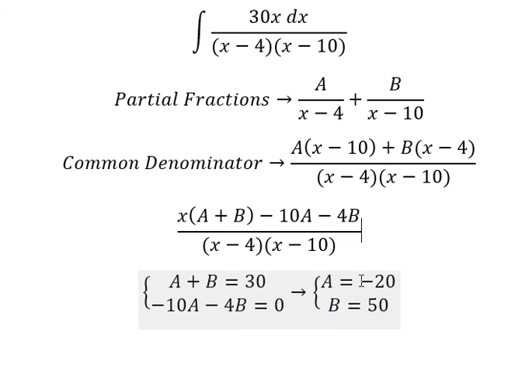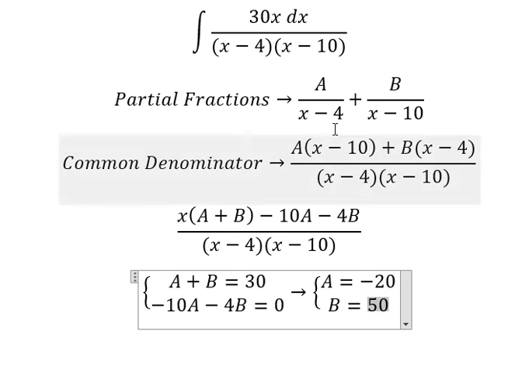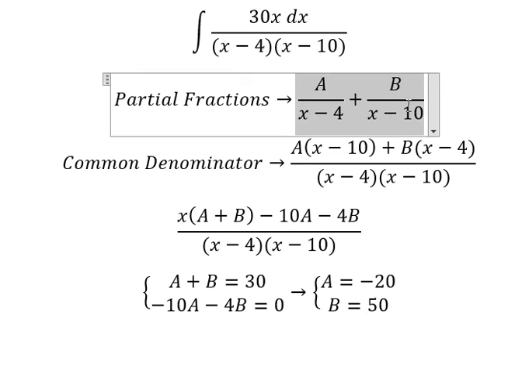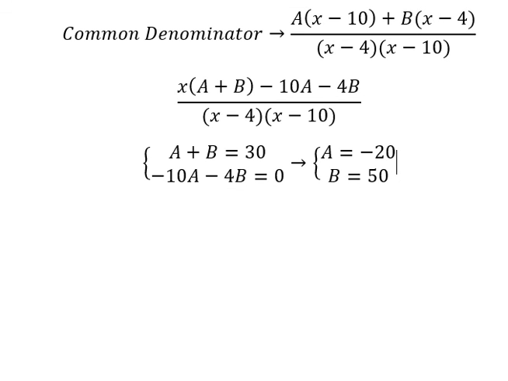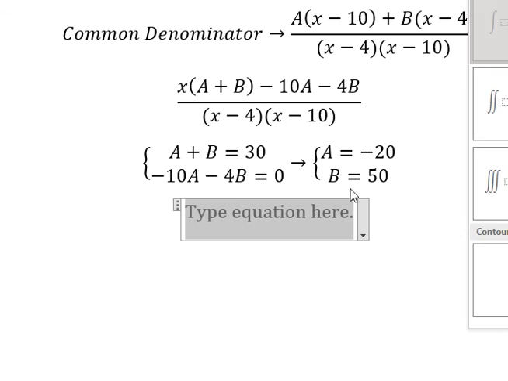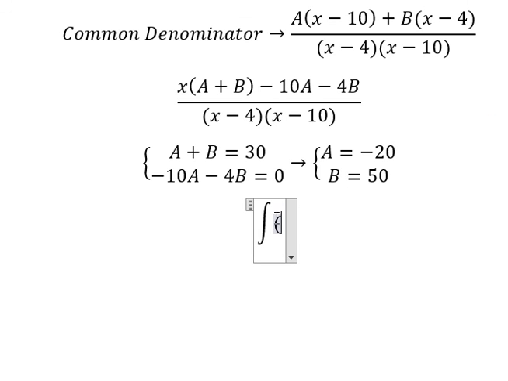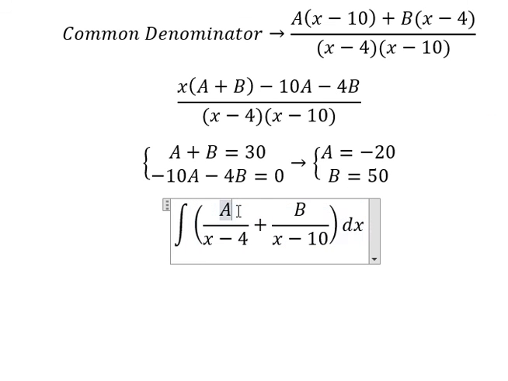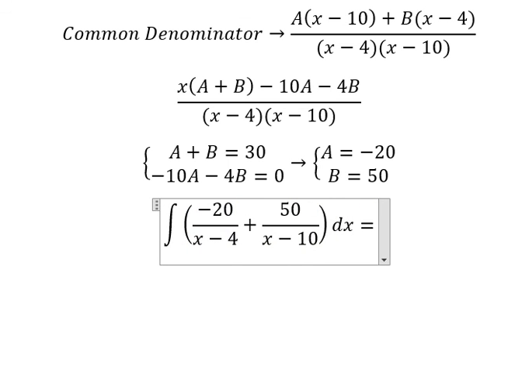Now we need to put negative 20 and 50 in here. So I will put negative 20 in here and 50 in here. And now we have the final answer.